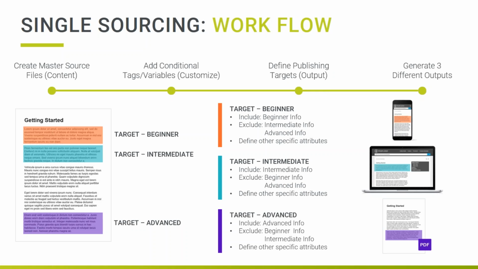But if there's a policy change, I go back to the master copy, make that edit or that update once, and then the software is smart enough to tell me, oh, hey, you just made an edit to the getting started page that is currently used in, and it will tell me all of the defined targets that will need to be republished now so that every customer gets the correct information.